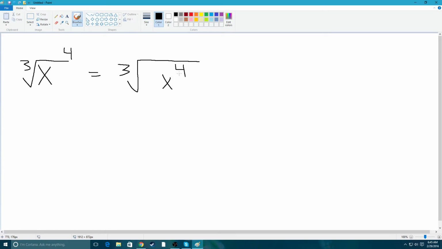It doesn't matter where this exponent is; as long as it's an exponent, you're good. So you need to know how to rewrite it. Whatever this guy is, the root, that's what comes on the bottom of your fraction. And whatever this guy is, the exponent, goes in the numerator of your fraction. Done.